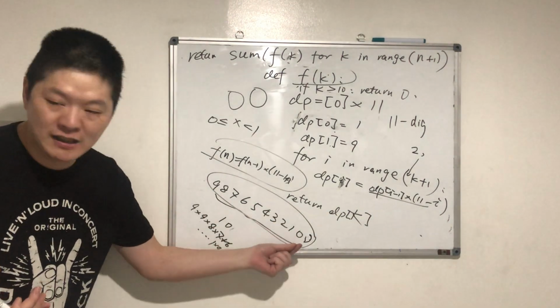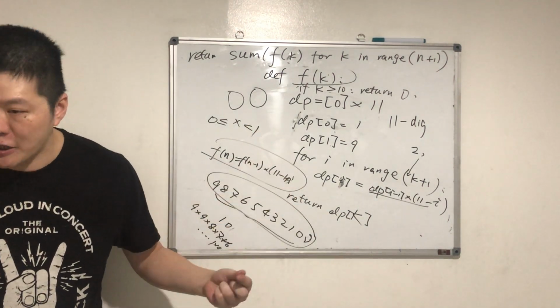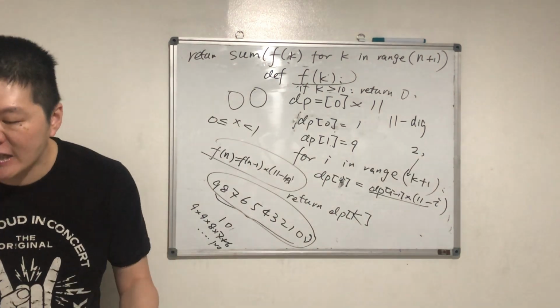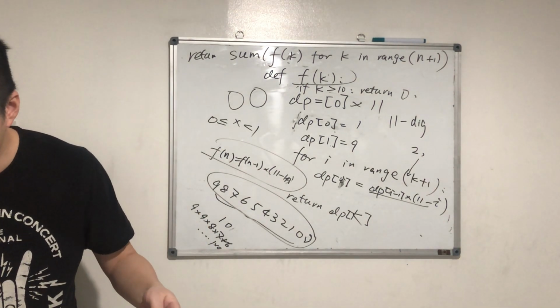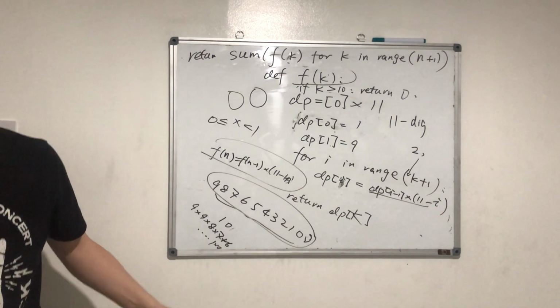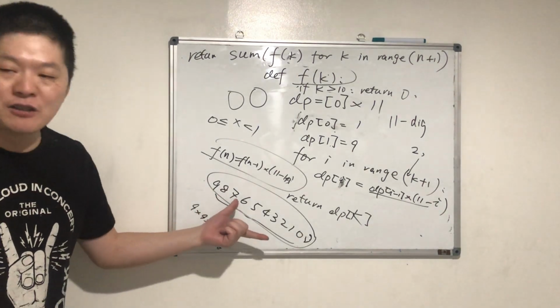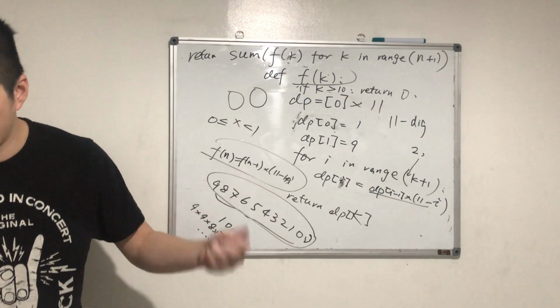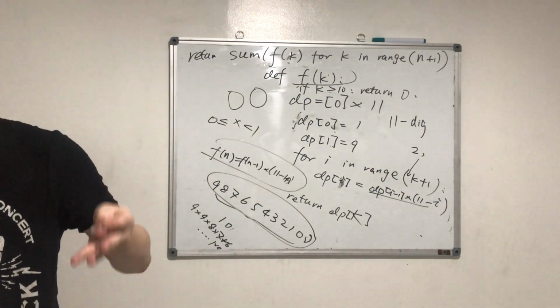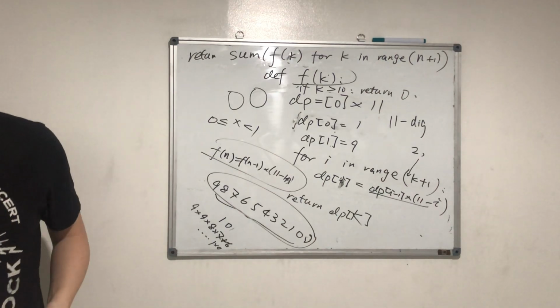If a number has more than 10 digits, you can't find any such number that contains unique digits, because you can't have more than 10 unique digits in an 11 digit number. Okay? Got it?